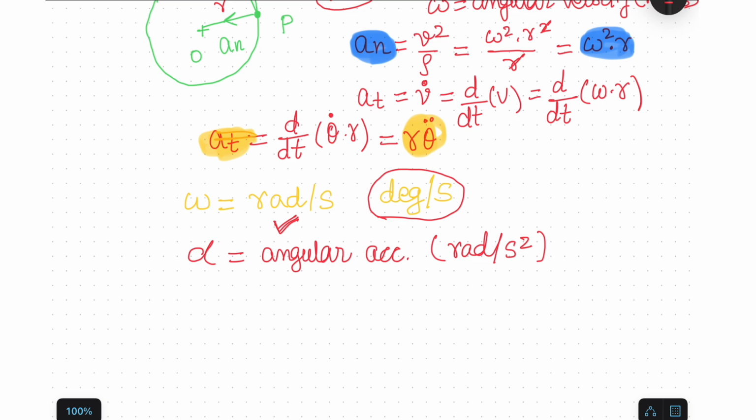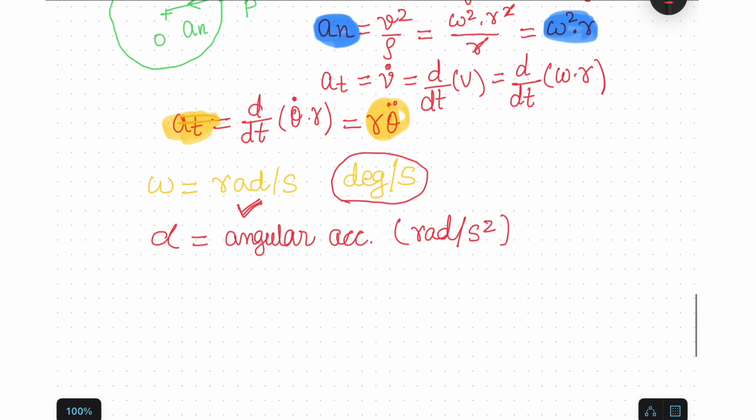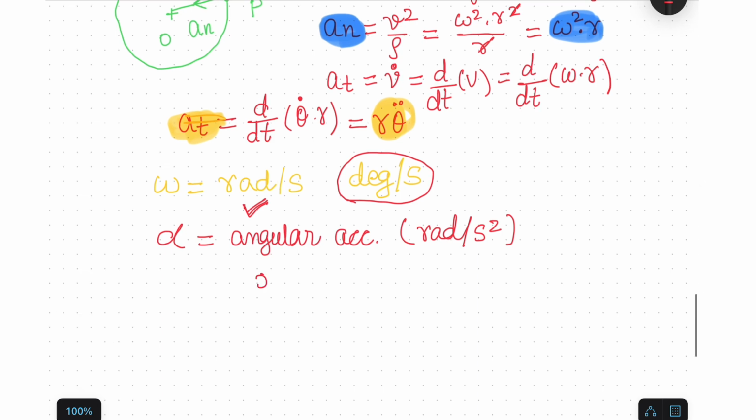To convert from degree per second to radian per second, we have to multiply the degrees by pi upon 180. So if you have some degrees, you can multiply by pi upon 180, and you will find the value in radian per second.